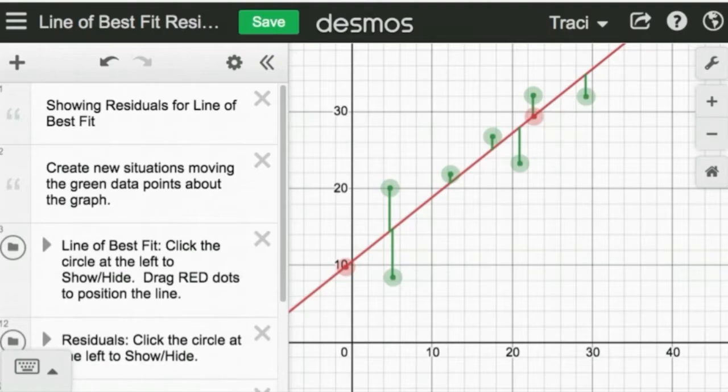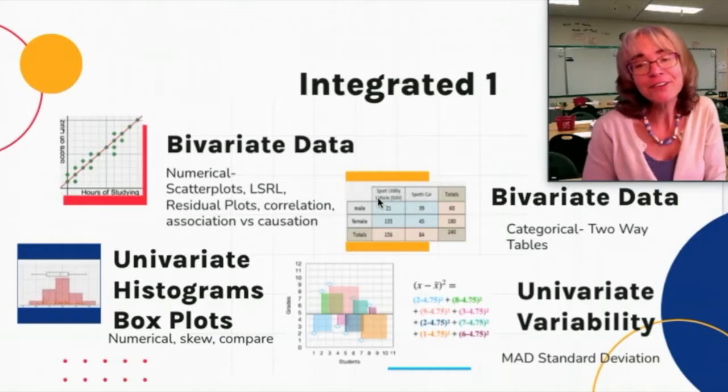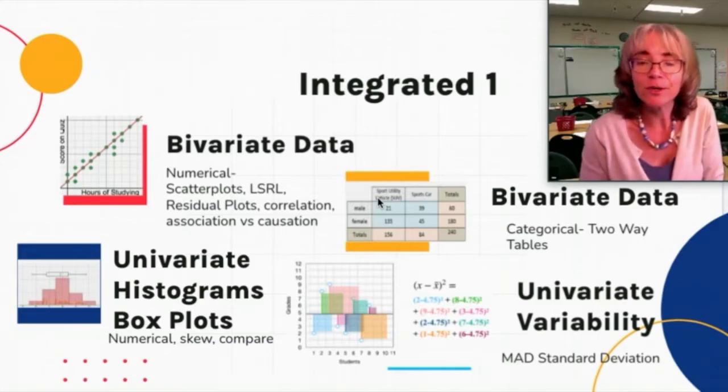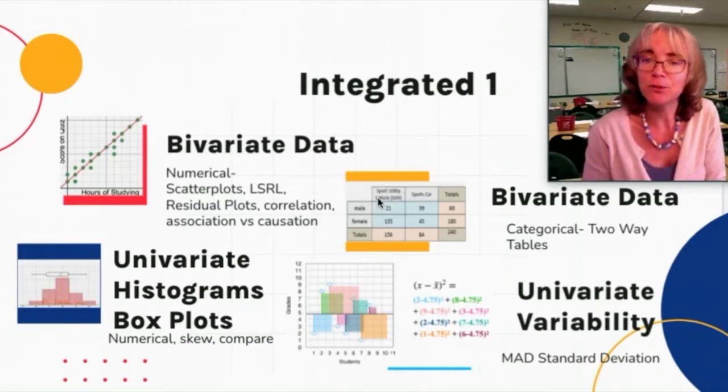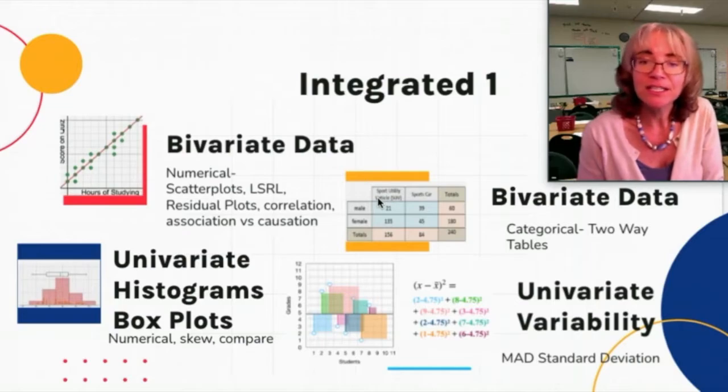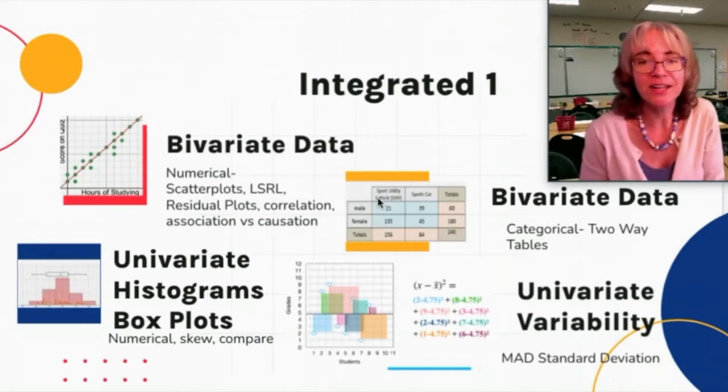Now we're going to build on this as we get to Integrated 1. So we're going to do the least squares regression line and talk about how to do regression in Desmos. Integrated 1 is a key course for understanding bivariate numerical data, especially in linear form. So this is really the last time they'll have a key focus on that.